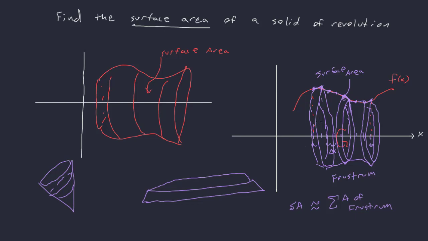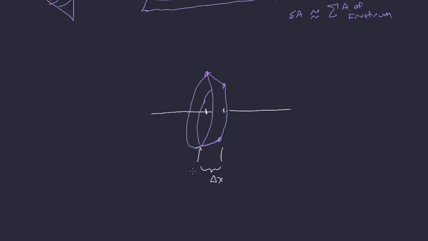Okay, so let's take a look at how we would find the area of a frustum. Let's give ourselves a little zoom in. So here is a little zoom in on a basic frustum that we're talking about. The length of it is delta x, and what we have is basically a delta y here.